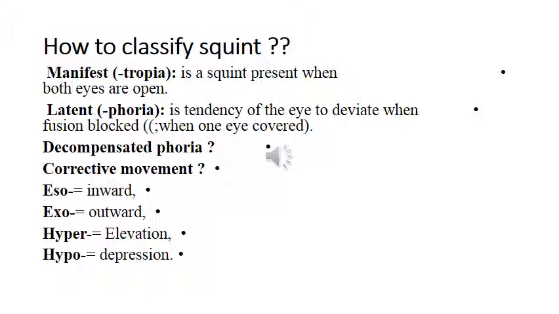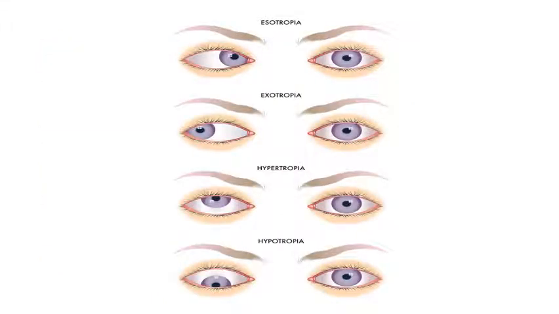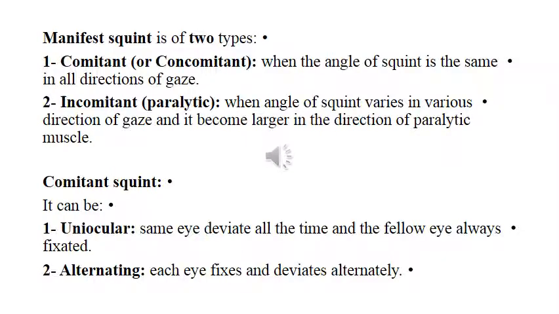And the same applies for exo, hyper, and hypo. So we have the direction, and we have a terminology for tropia and phoria. Okay? After we classified sequent into manifest and latent, then we classify it according to the direction, iso, exo, hyper, hypo.